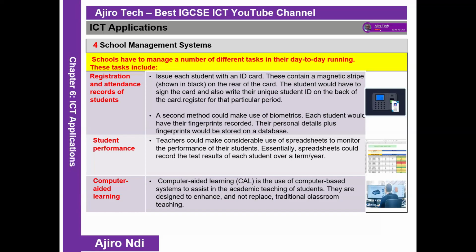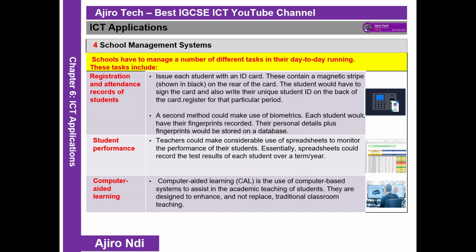Even our school, we don't use those methods anymore, because it's a traditional way and it's time consuming, writing on paper to take attendance. So there are a number of ways of automating the registration process. How can we automate registration and attendance instead of using the traditional paper-based method?